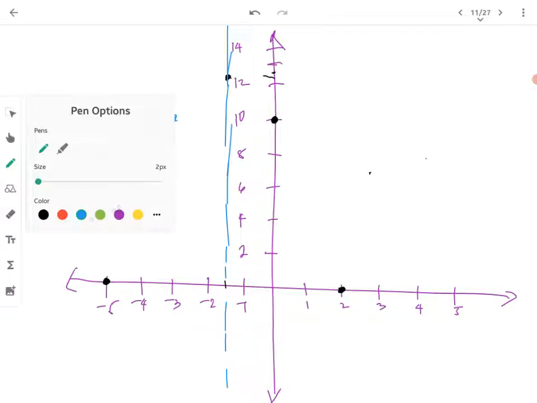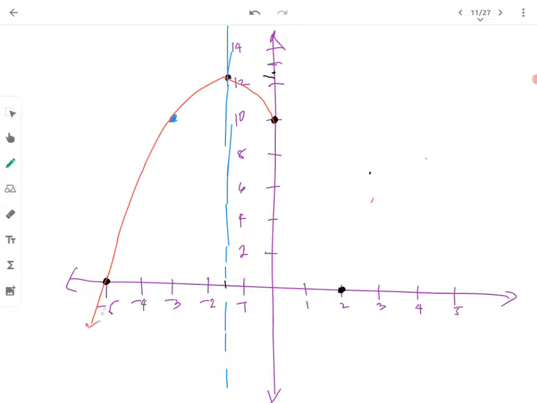Our graph is now a little bit forming. So we can just go down, and that is good already. So we have now our sketch. So this one is the sketch of y equals 10 minus 3x minus x squared.